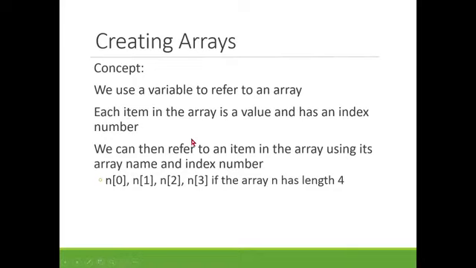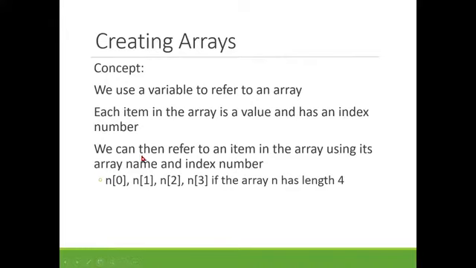So when we create an array, we are going to use a variable to refer to the entire array. Each item in the array, sometimes I'll call them items, they're also called elements. I'll probably use elements most often, but item or element I'll use interchangeably. Each element in the array is a value and has an index number.